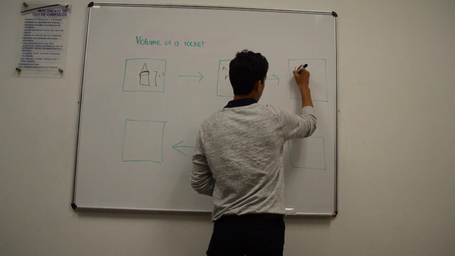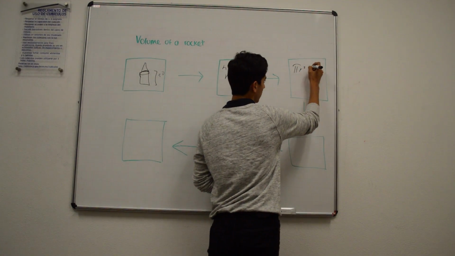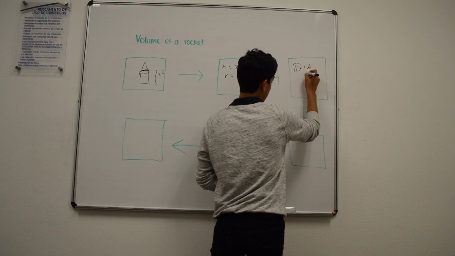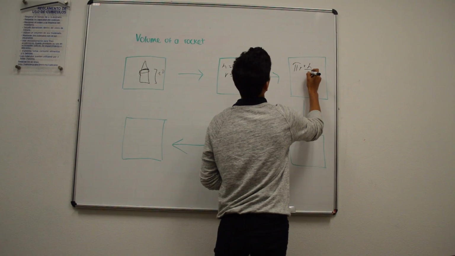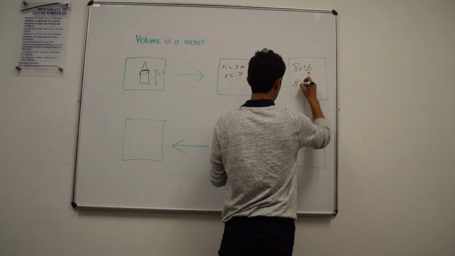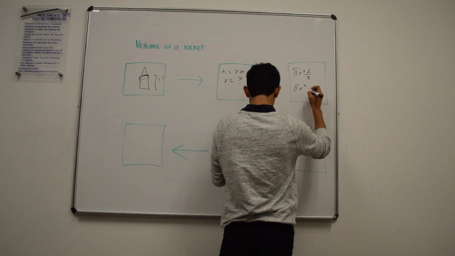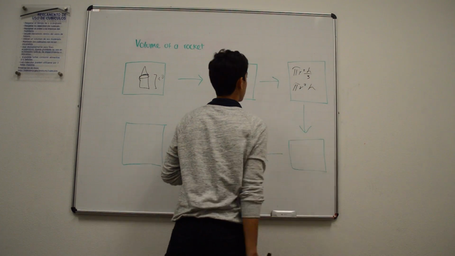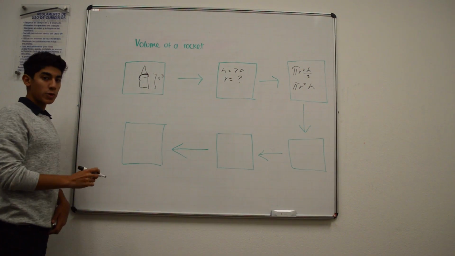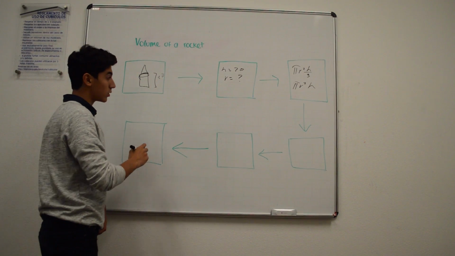To get the volume of a cone, it's pi times r squared times height over 3. And to get the volume of the cylinder, pi times r squared times the height. So we have our two formulas, then we have to separate them and equal them to the total volume.